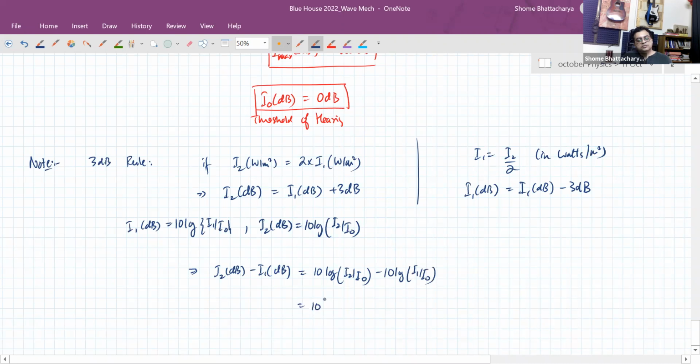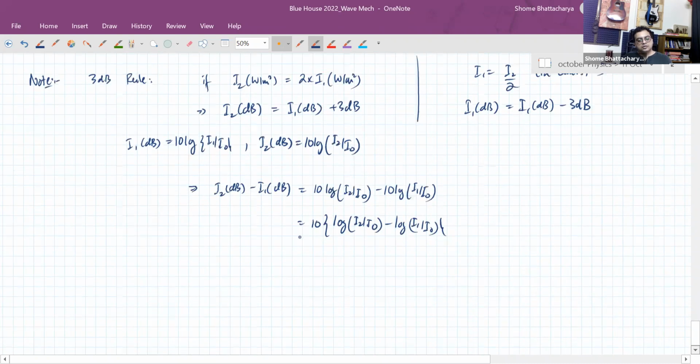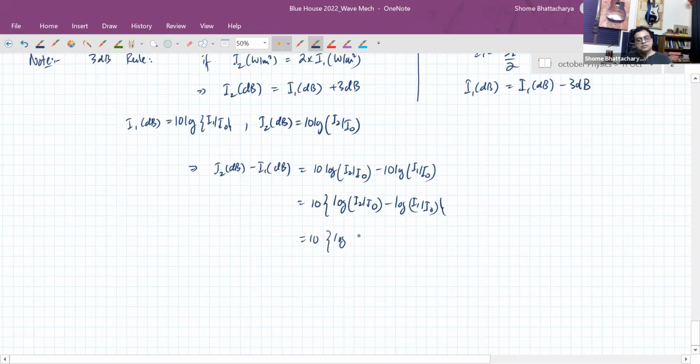So this is our I2 in decibel scale minus I1 in decibel scale.